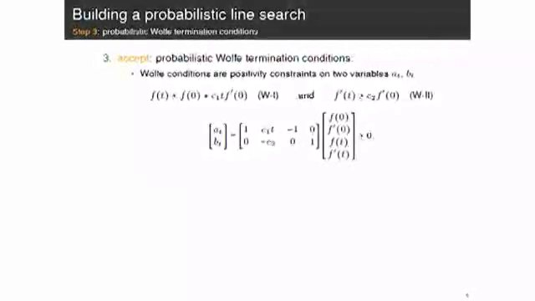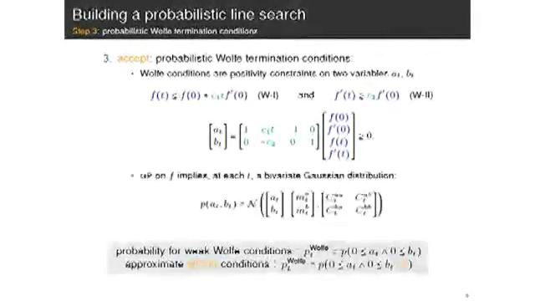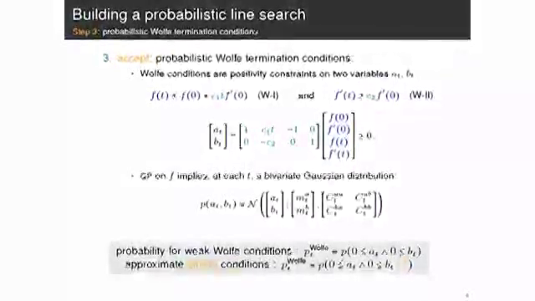All right, now as acceptance criterion, the important observation here to make is that the weak Wolfe conditions are in fact positivity constraints on two variables A and B, which are linear combinations of function values and gradients. Now, since we imposed a Gaussian process on function values and gradients, this map implies at each point t a bivariate Gaussian distribution over A and B. Now, for the weak Wolfe conditions to hold, A and B must be positive.